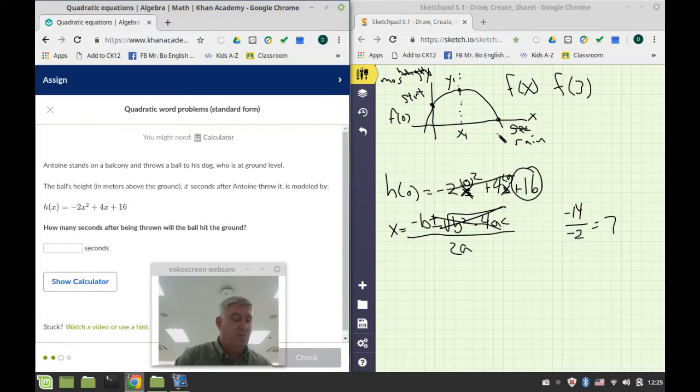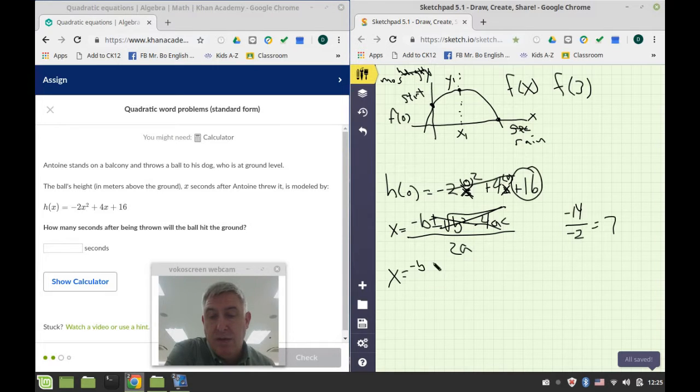And in order to find zeros, we can use our quadratic formula. Negative b plus or minus square root of b squared minus 4ac, all over 2a. And let's see, this is already in standard form, so a is negative 2 and b is 4 and c is 16.